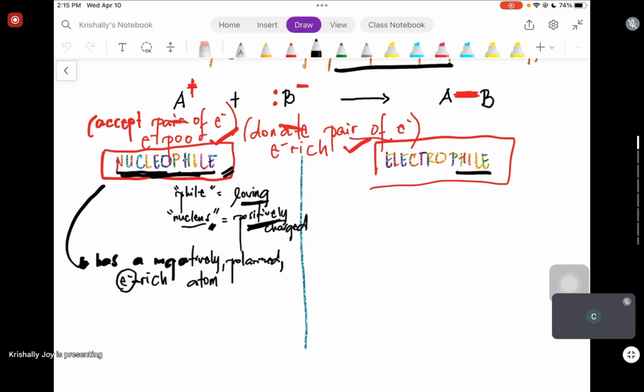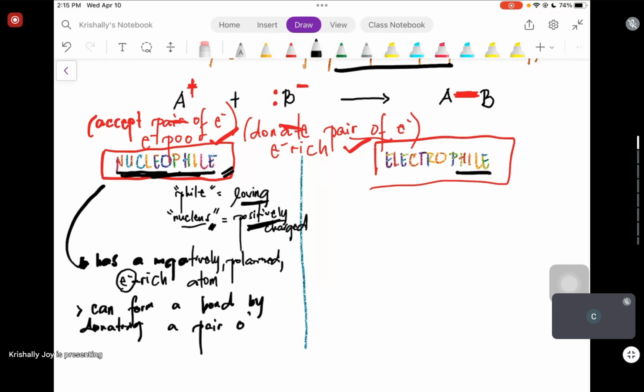If it has many electrons, it is more negatively charged. So how does it form a bond? How does it form a product? Since it is electron rich, it will donate a pair of electrons. So it can form a bond by simply donating a pair of electrons.